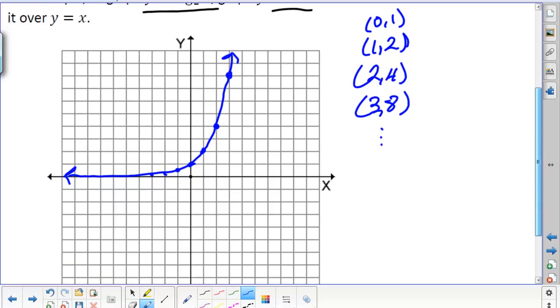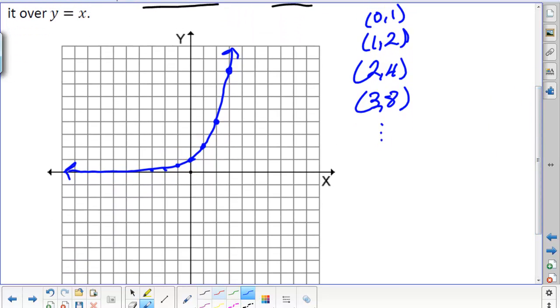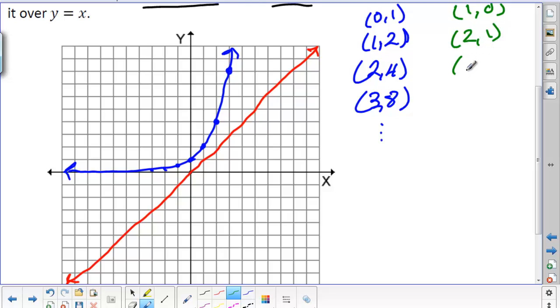So there are those points that I got. Now we can reflect those over this line y equals x. If you remember, to do that you just reverse the coordinates. Since these are inverse functions, x and y just swap places.